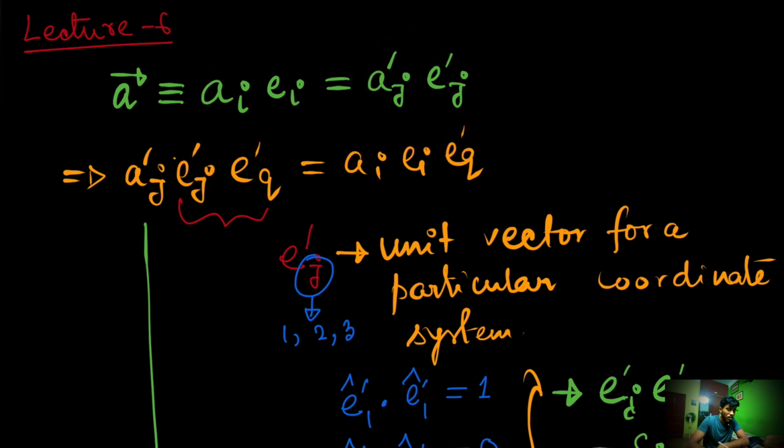Now what I have done is I have multiplied by eq dash on both sides. Now my question here, a very important question, is why I did not multiply by ei or ej dash. I could have multiplied by ej dash or ei dash.